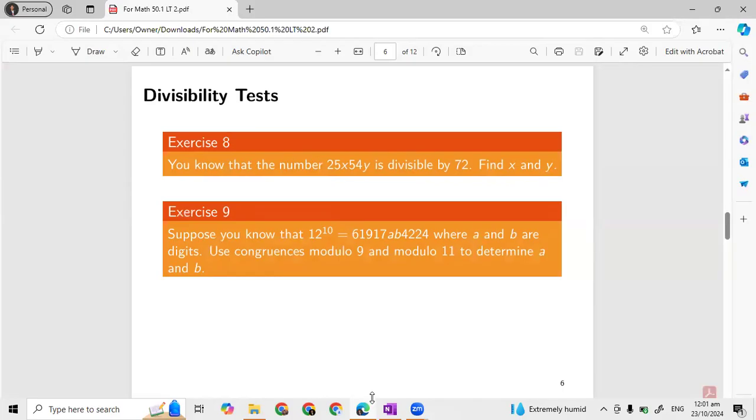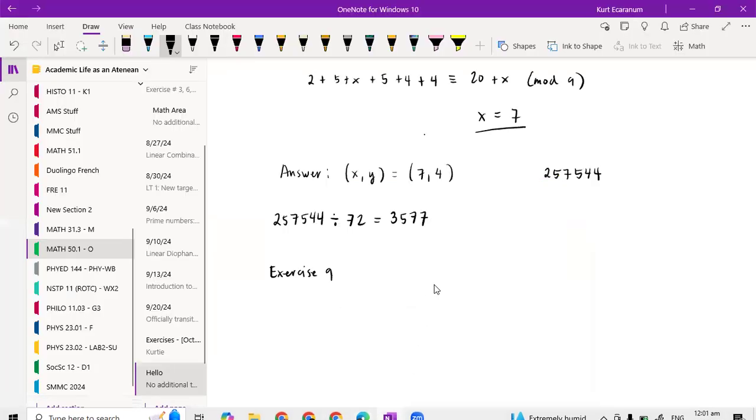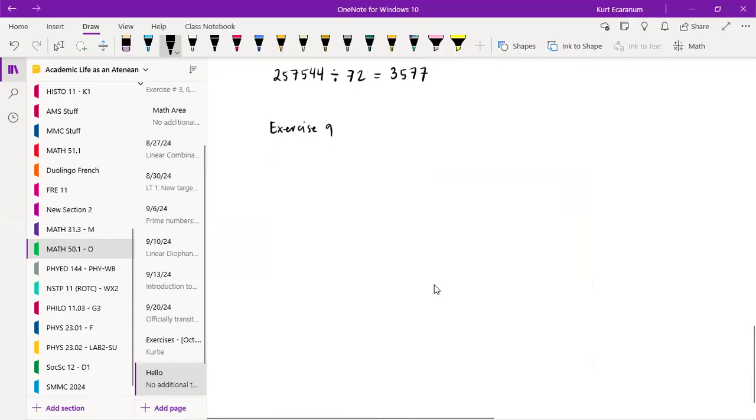Okay. So this is quite fun. Ang sabi is 12 to the 10 is equals to, copyahin ko lang, 61917AB4224.